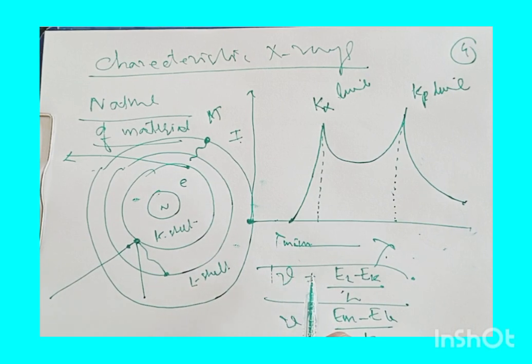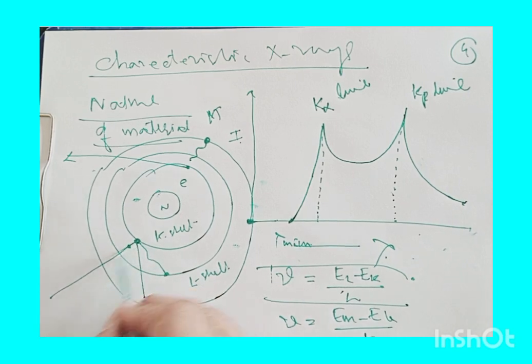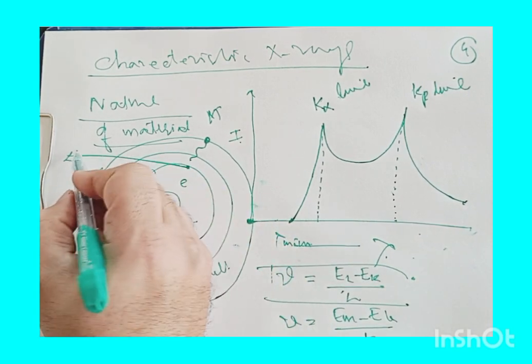So this is how the characteristic X-rays are produced, and these characteristic X-rays are purely dependent on the nature of the target material. In the case of characteristic X-rays, the electrons coming from the filament hit the target and knock out the electrons from the inner orbits.